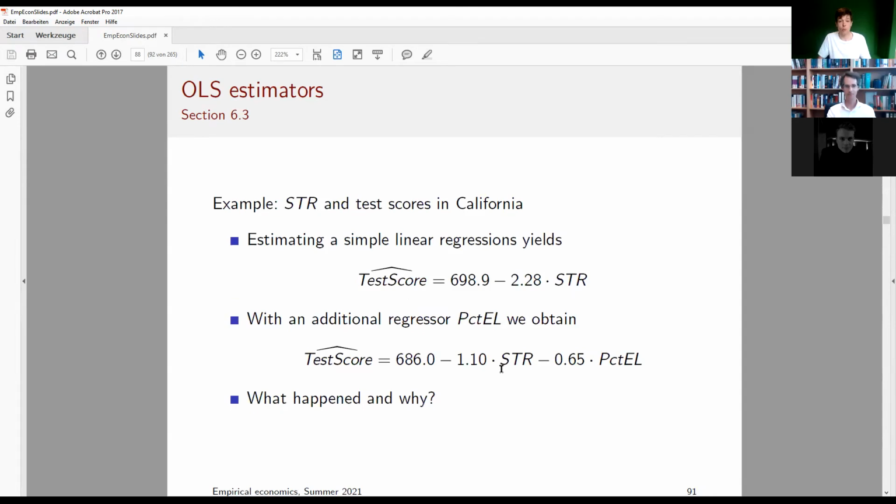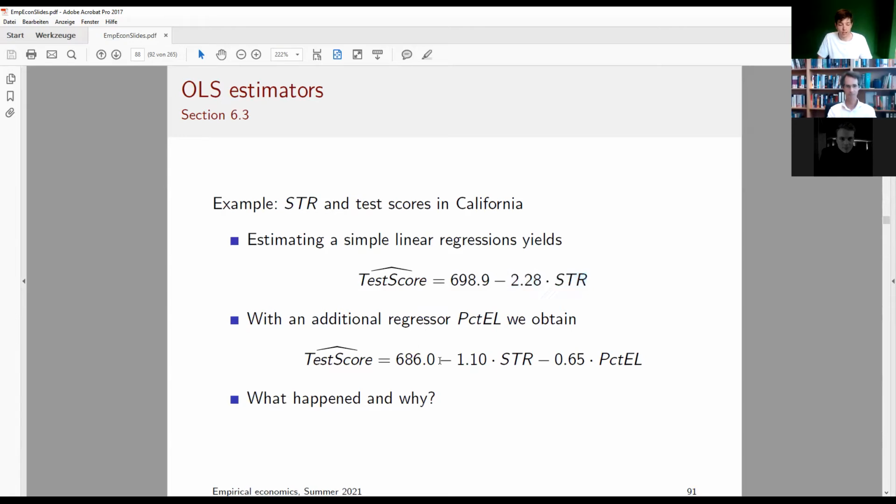Let's have a short look at what is going to happen exactly in our school example. Remember our simple linear regression model, where we have seen that student-teacher ratio influences test score by a coefficient of -2.3. Now, what we do is we add another regressor. We add percentage English learners to the model. And what we obtain then is a lot different from what we've seen before.